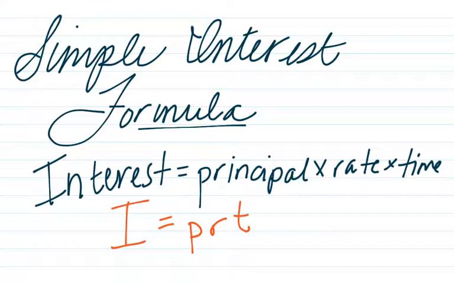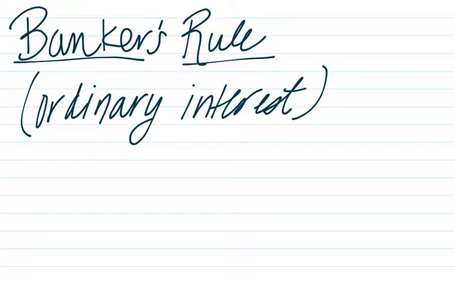The rate, R, is the rate of interest expressed as a decimal, so it's a percentage that will change to a decimal. And the T, time, is the number of days, months, or years for which the money will be lent. Time is expressed in the same period as the rate. For example, if the rate is 2% per month, the time must be expressed in months.